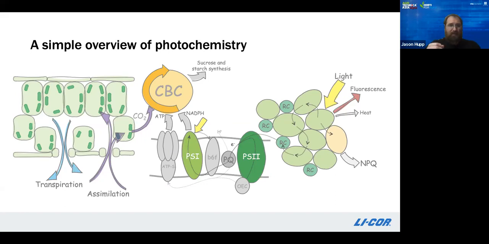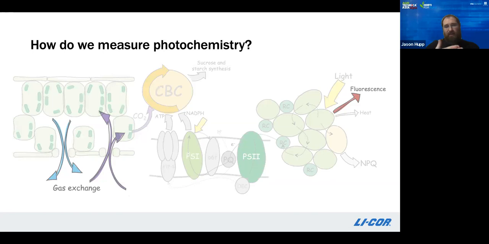So the instrumentation that we make targets the endpoints of the collection here. Specifically, we make instruments that measure gas exchange. In reality, we could measure the exchange of a number of different gases between the leaf and the atmosphere. But in practice, the ones that we measure are carbon dioxide and water vapor as our proxies for transpiration and carbon assimilation.